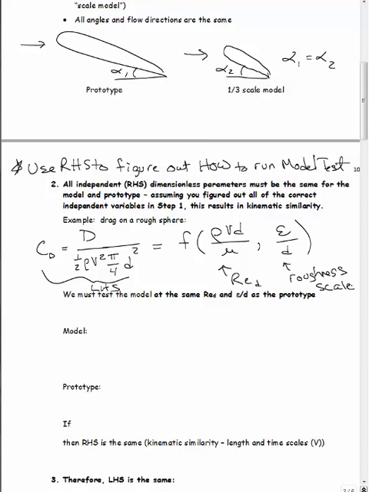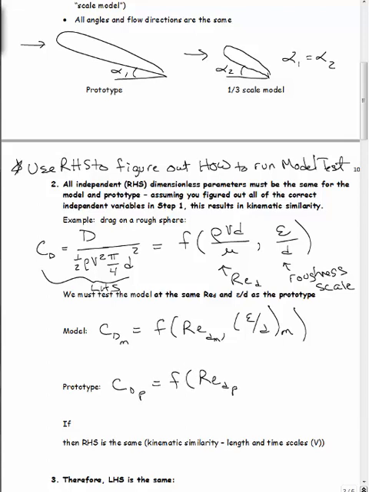So in other words, your CD for your model is some function of, and it's the same function, of Reynolds number model and epsilon over D model. And you can say the same thing for your prototype. CD prototype equals F of Reynolds number prototype and epsilon over D prototype.